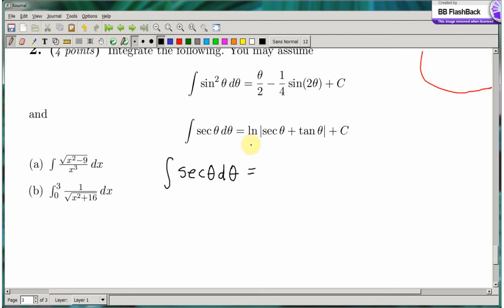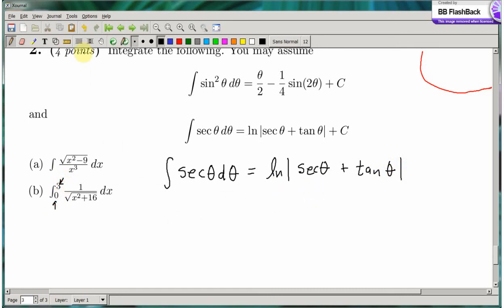But I'm just going to go ahead and use this formula. So the integral of secant d theta is equal to, do I really have to copy it? I guess so. Natural log of secant theta plus tan theta. Alright, and this is a definite integral. We have these numbers, so don't worry about the plus c.